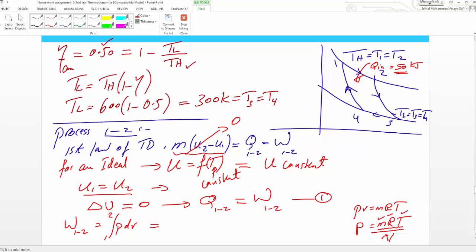So put P into the integration; we have done this many times before, I do it here very fast. That's mRT divided by V dV.